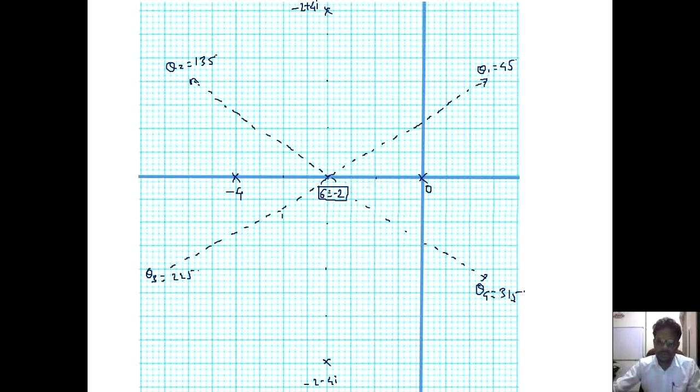Now the valid breakaway point is again minus 2. Then the intersection with the imaginary axis is at 3.16.